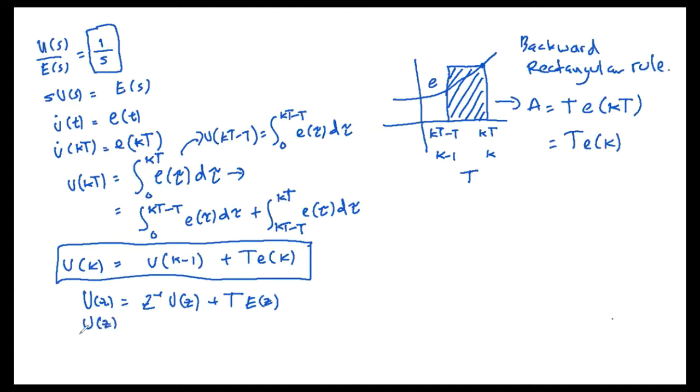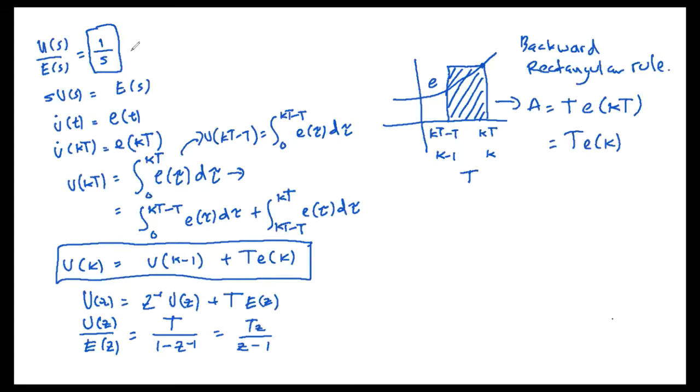Now u of z divided by e of z will be t over 1 minus z inverse, and this is equal to t z divided by z minus 1.